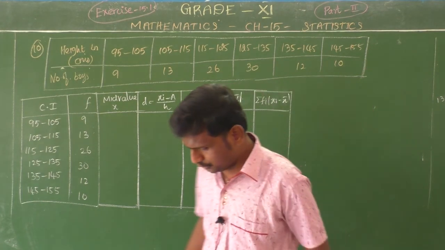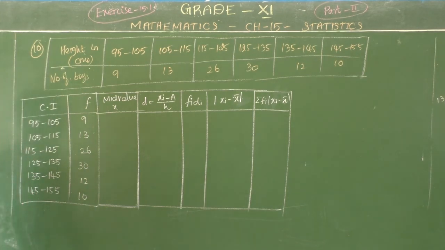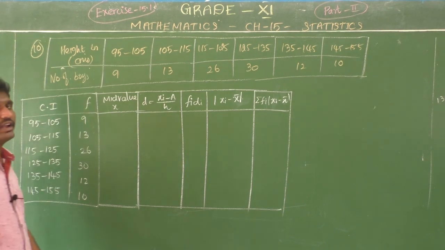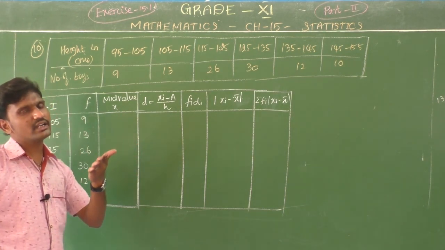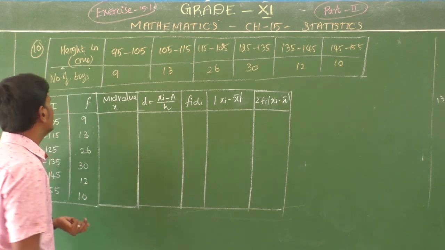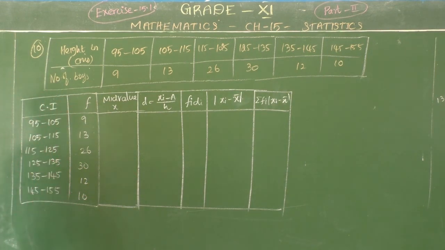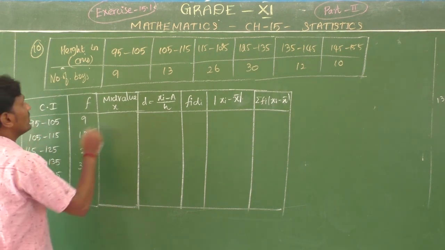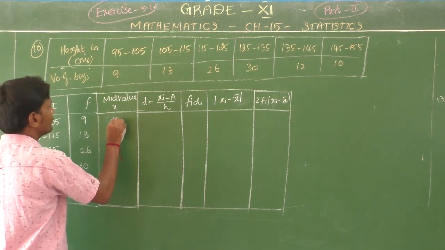What are the mid values? You know how to find the mid value, the midpoint: add the upper limit and lower limit and divide by 2. That's all. For 95 and 105, the mid value is simple, 100. 105 plus 95 is 200, 200 divided by 2 is 100.